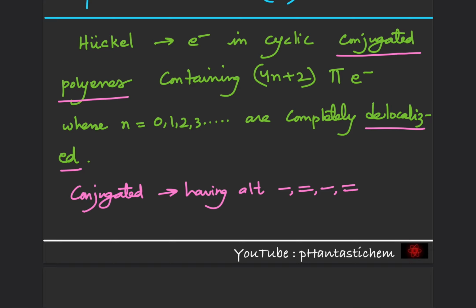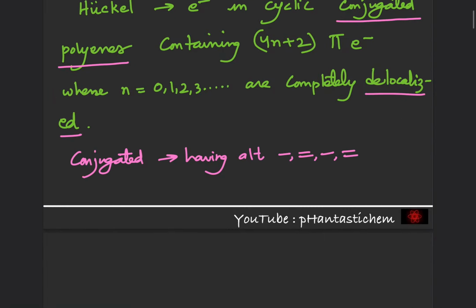Okay, then we have to talk about polyenes. Polyenes are those hydrocarbons which contain many double bonds. That's why polyenes. And the meaning of delocalized is that electrons which are not confined to a single atom but shared among multiple atoms. That is the meaning of delocalized electrons.